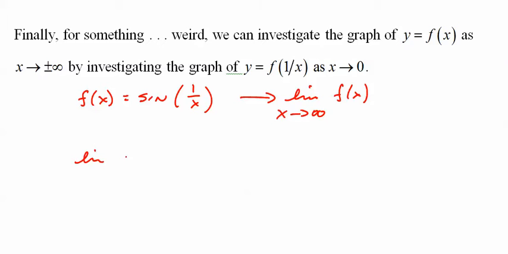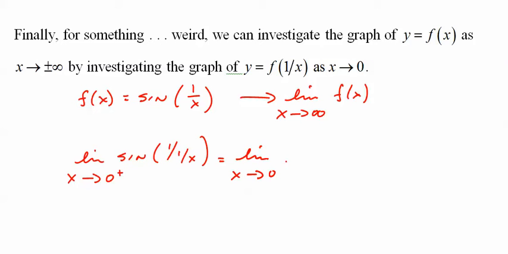You could say, what's the limit of sine of 1 over x? So you flip the x and just go to 0 from the positive side. This, of course, is the limit as x approaches 0 of sine of x, and we'd be able to say, oh, well, that's just 0.